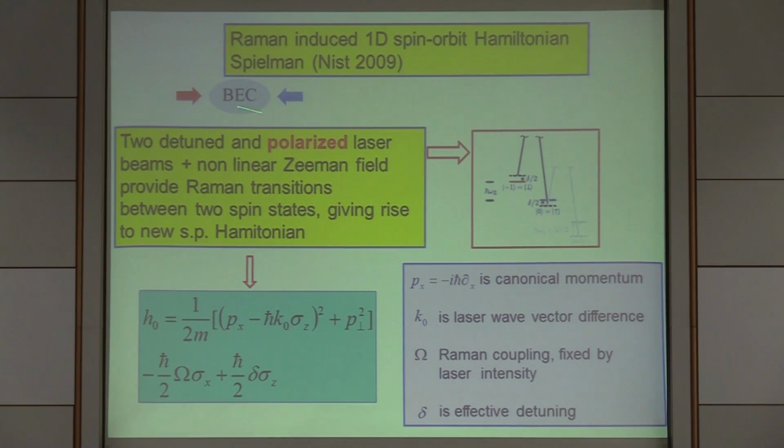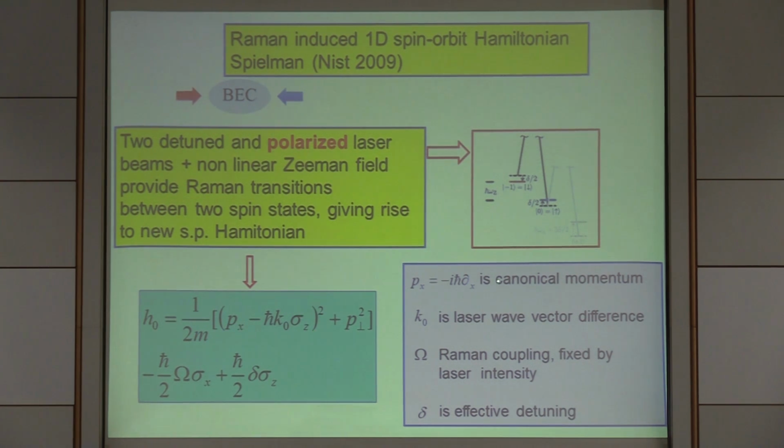These lasers give a coupling between two hyperfine states, which eventually results in this form for the single particle Hamiltonian. And it's important to discuss the ingredients of this spin-orbit Hamiltonian.